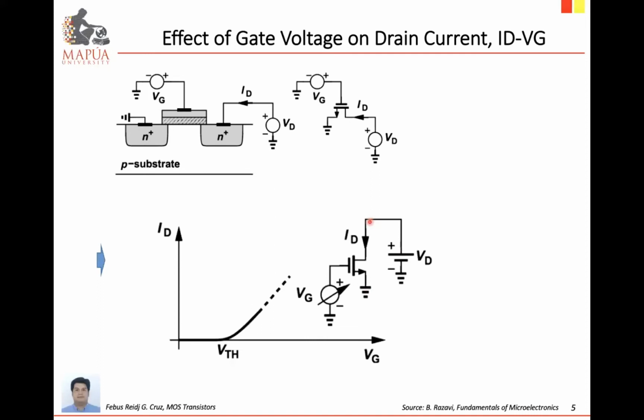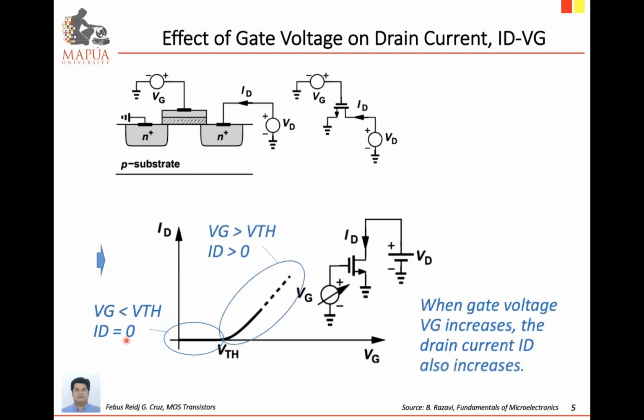So you'll have a circuit loop around the drain and source, and you have another circuit loop around the gate and source. When the gate voltage is less than the threshold voltage, the drain current is equal to 0. When the gate voltage becomes greater than the threshold voltage, we expect that the drain current will be more than 0.